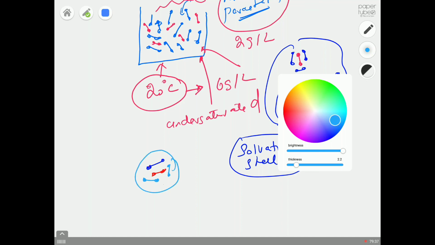Sometimes you might need even more solvent molecules. In fact, this particular phenomenon decides your solubility. So this is how you have to think at a molecular scale.